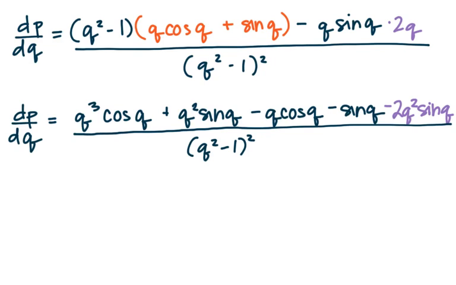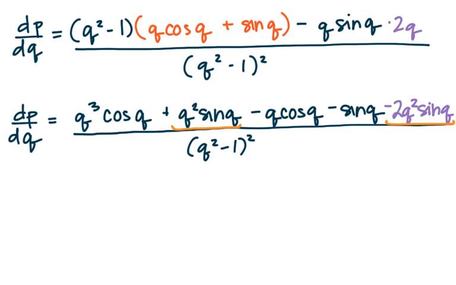So what we'll notice is I have 1Q squared sine Q minus 2Q squared sine Q. Those are like terms. I can combine them. I would have negative one of those.